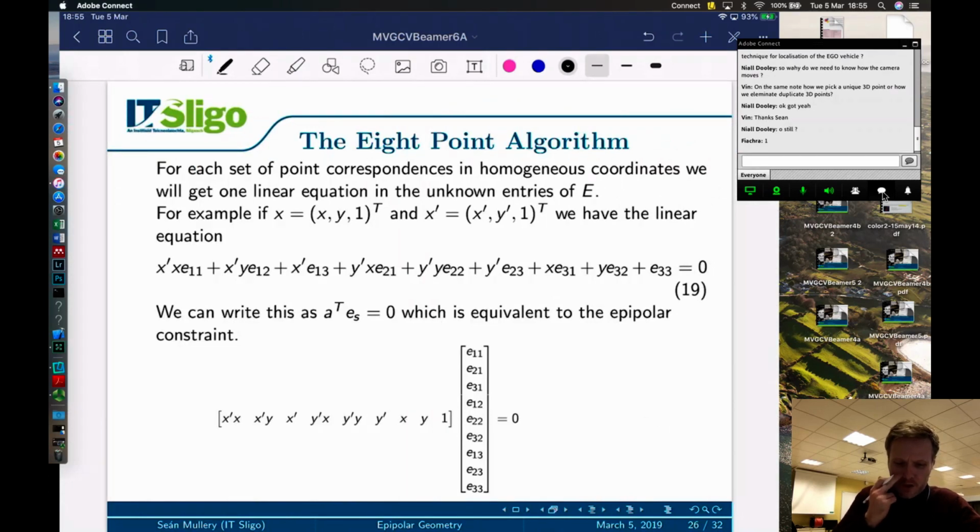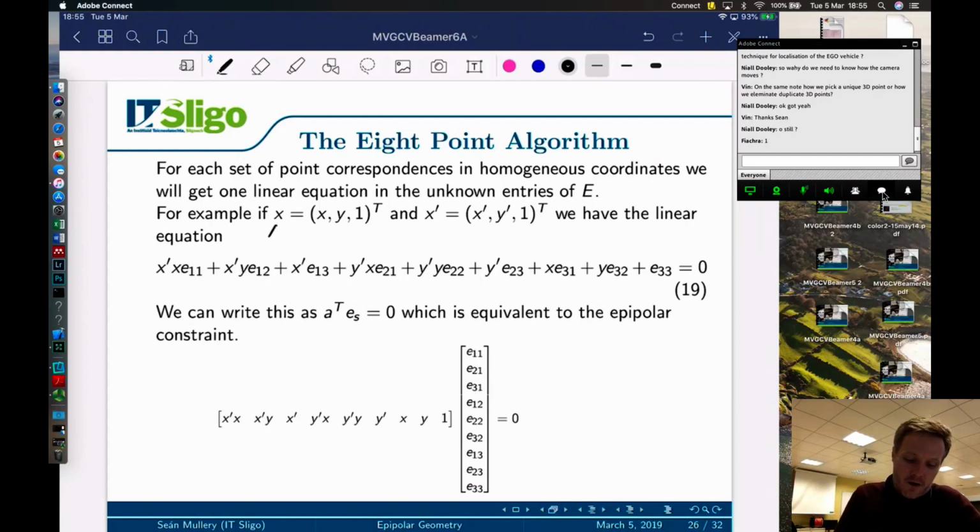So for each set of point correspondences in homogeneous coordinates, we will get one linear equation in the unknown entries of E. And we're going to need 8 of them in order to figure out a result. For example, this is where I changed from having x1 and x2 to being x and x prime. The reason for that is that we're going to have 8 point correspondences, and they're going to be x1, x2, x3 and down to x8.